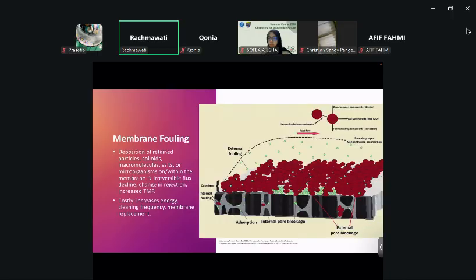That costs money. And if we see this, for example, the black one here is the membrane, and then the red one here is the fouling. So this one is the cake layer. We call that external fouling because the foulant is on the surface of the membrane. There might be some interaction over here, but there is also internal fouling. This is the cross section of the membrane with something stuck in the pore here, and we actually don't want that.